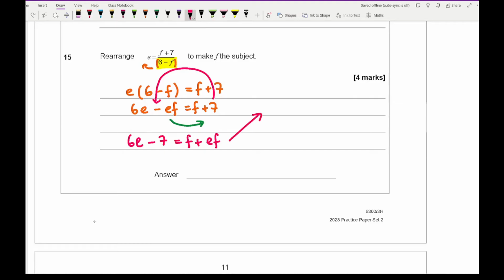Then what I'm going to do is factorize. So I've got 6e minus 7, and then I've got f bracket 1 plus e, and then take this bracket over to the side by dividing, leaving me with f equals 6e minus 7 over 1 plus e.